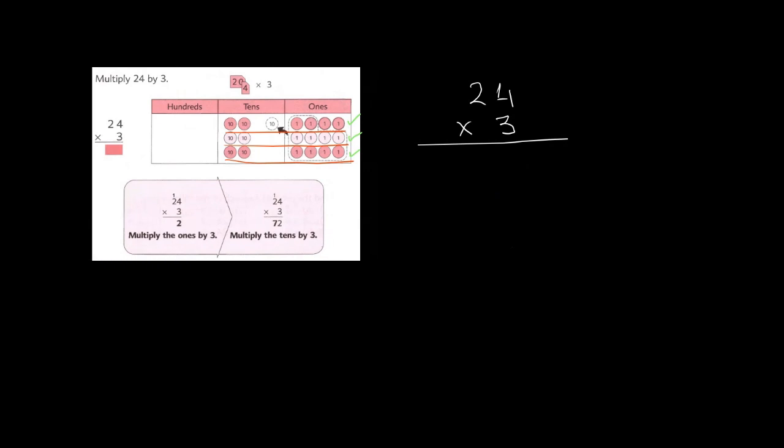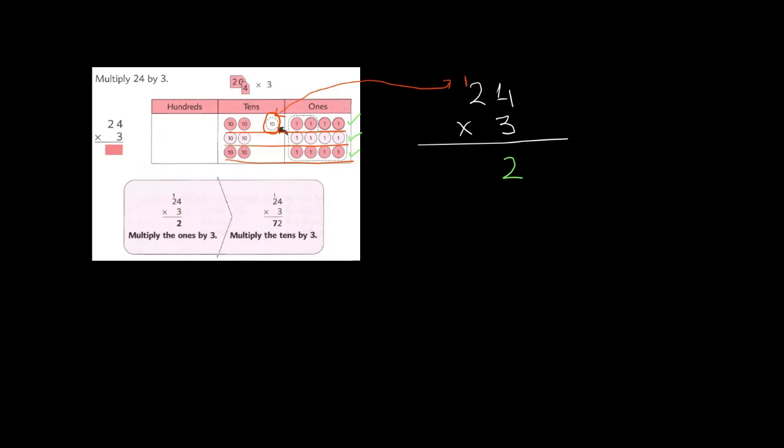So I'm going to keep the two ones here out of the 12 ones, and I am going to push a 10 and save a 10 in the tens place. So I'll remember that I have an extra 10 right over here. So this 1 represents 10.